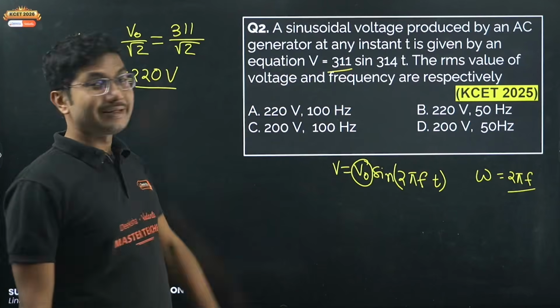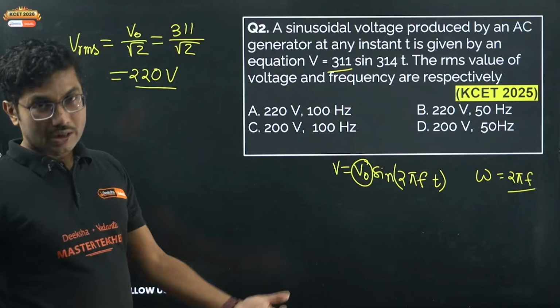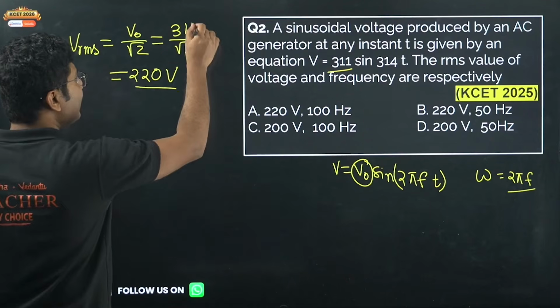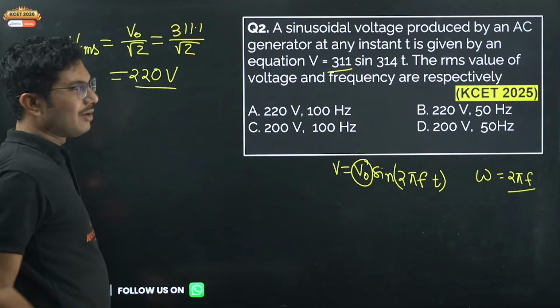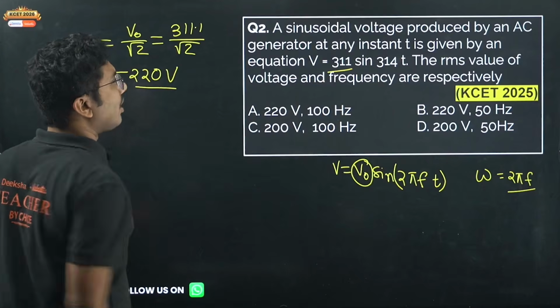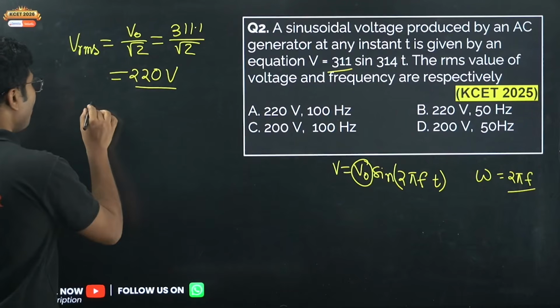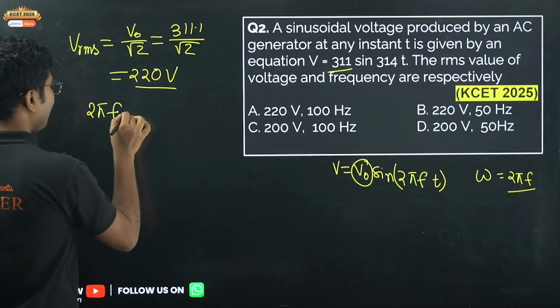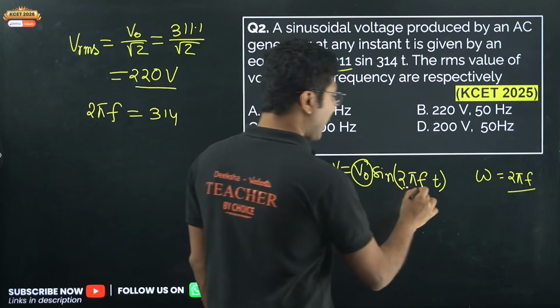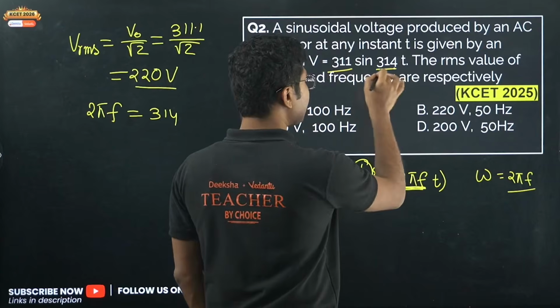So 311 is the value when you multiply 220 with root 2. If you divide 311 by root 2, you should get back to 220 volt, slightly less than 220 volt, because it is 311.1. Now what about 314t? So 2 pi f must be equal to 314, right?